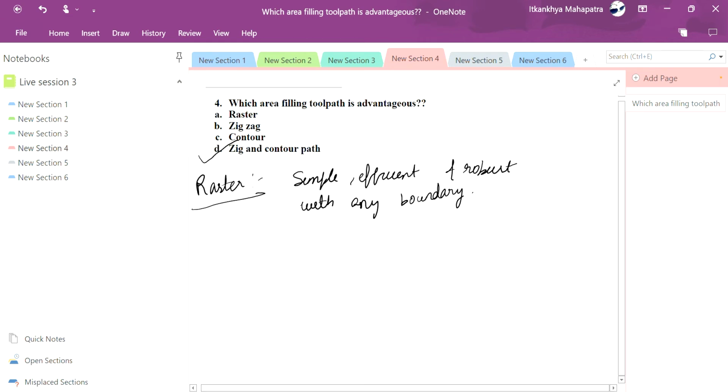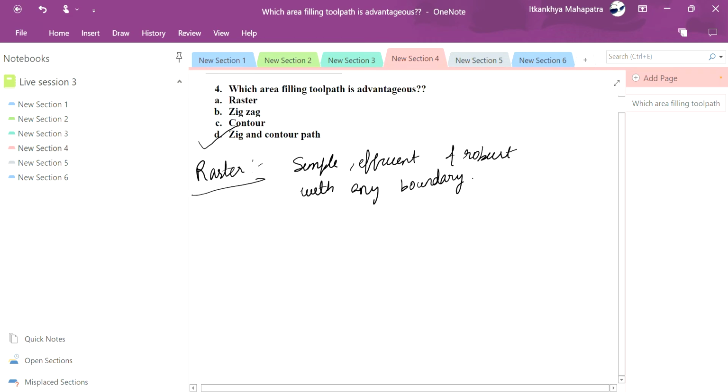Yes, it is correct. I'll move on with the explanation for each of the parts a little bit. In raster we have X raster scanning, Y raster scanning, and XY raster scanning.